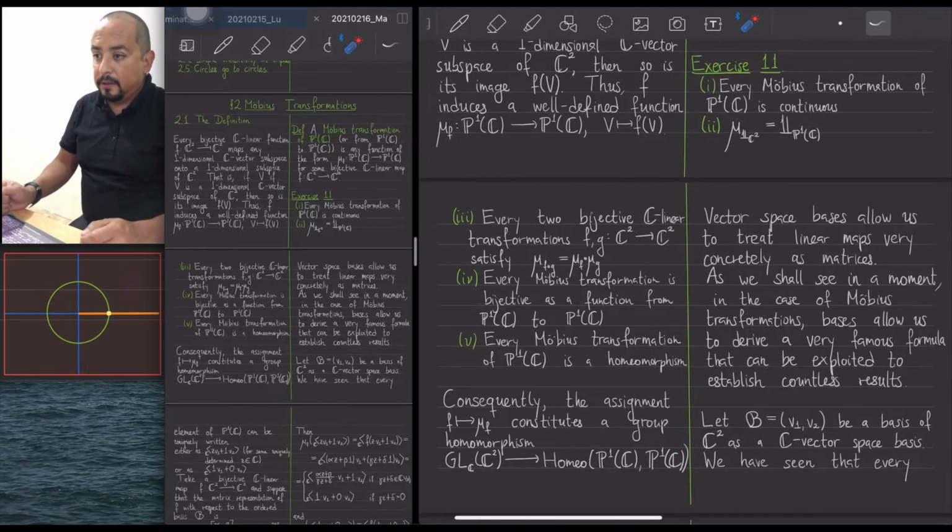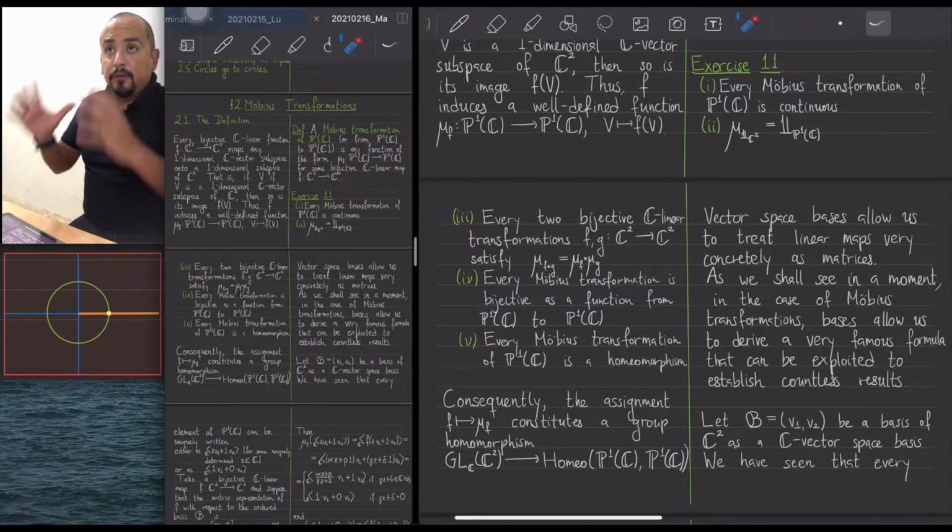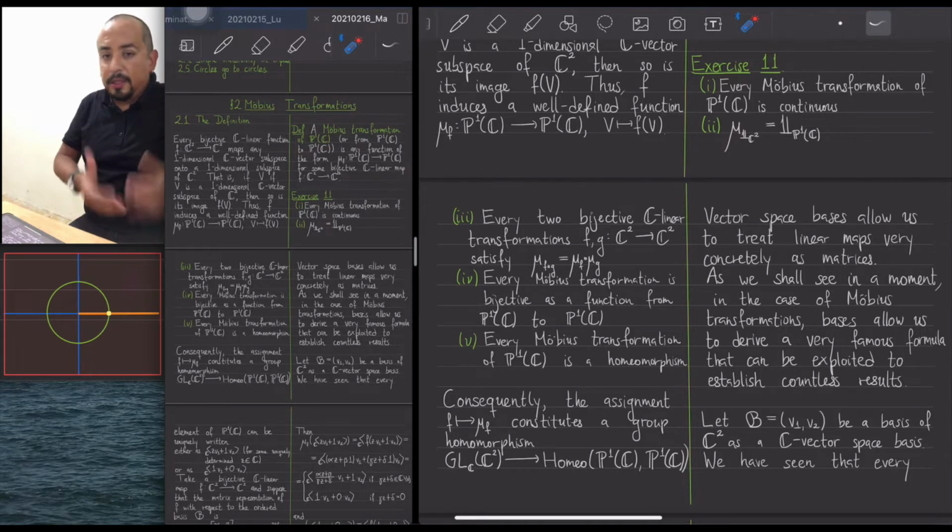This is one of the things one does in the standard course of linear algebra. So we are going to just push what we already did in linear algebra to P1C to obtain explicit formulas.